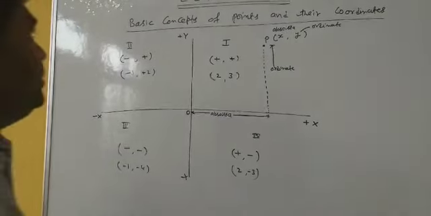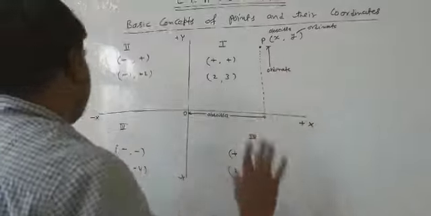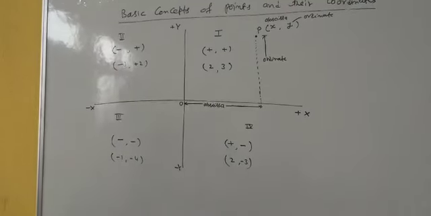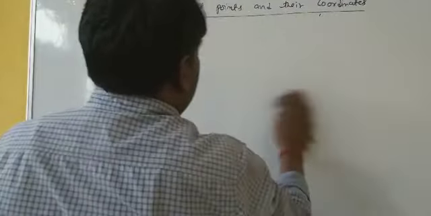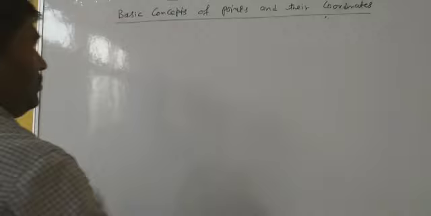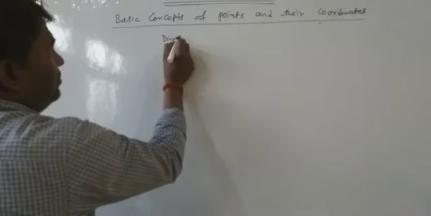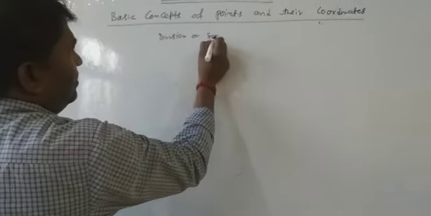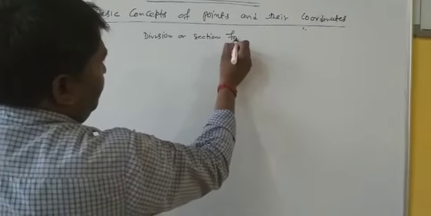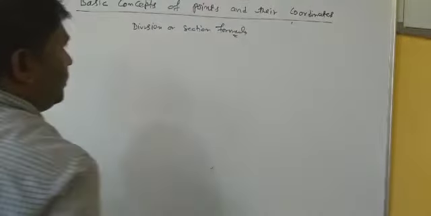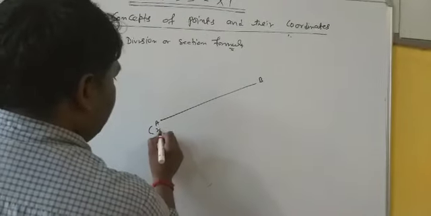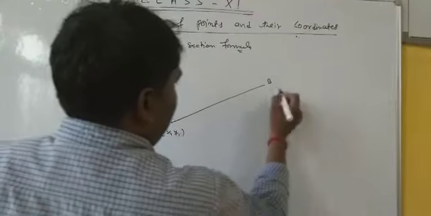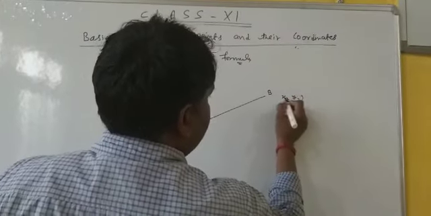Now I am going to explain the division or section formula. You already know that suppose there is a line AB joining two coordinates x1 y1 and x2 y2.